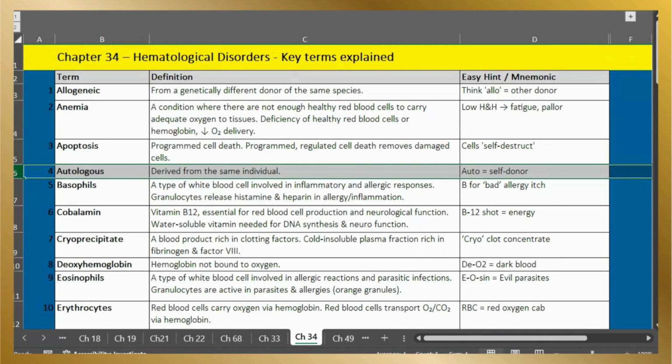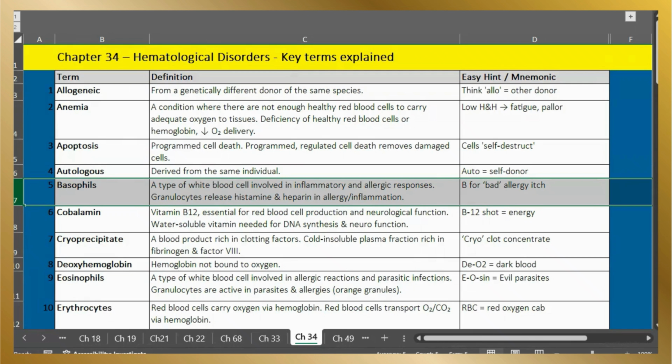Basophils, I was talking about basophils in the immunity chapters, keywords. There they were also about the cells and the blood cells, and also in previous chapters I talked about basophils. And again, I'm going to talk about them here.